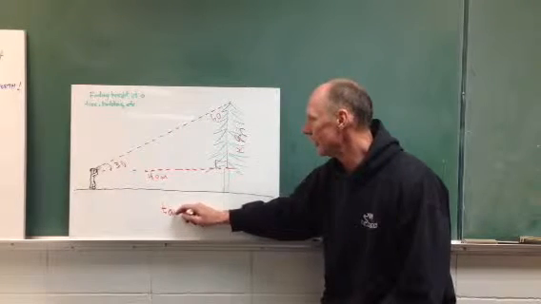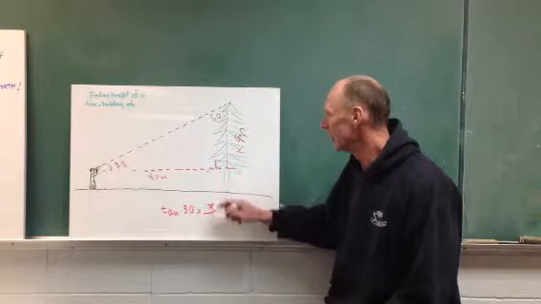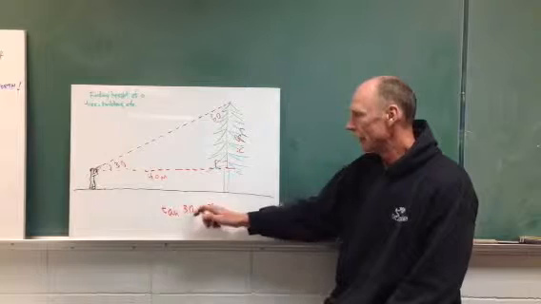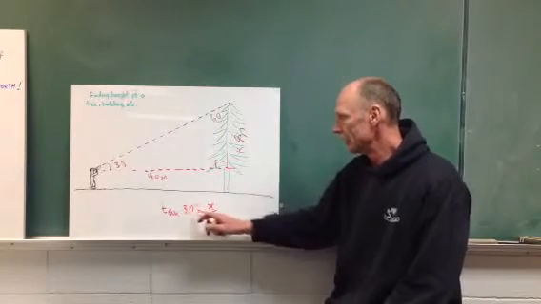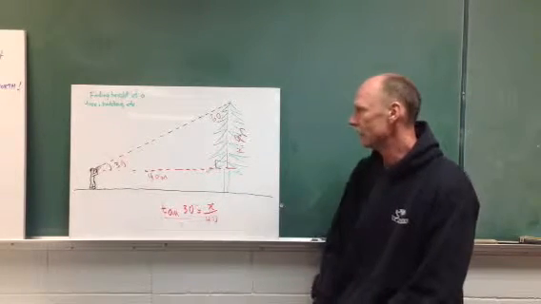So tangent of 30 equals x over 40, opposite over adjacent. At this point, we would find what the tangent ratio of 30 degrees is, replace that with that decimal number, and do my cross multiplying to solve for x.